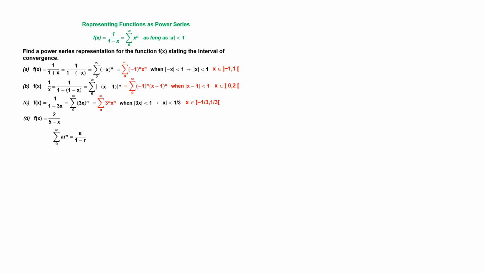We need the number in the denominator to be 1 minus x. So we rewrite the function by factoring 5 from the denominator. So we obtain a power series representation for the function f of x as long as the absolute value of x divided by 5 is less than 1. The domain or interval of convergence is given by solving this inequality.